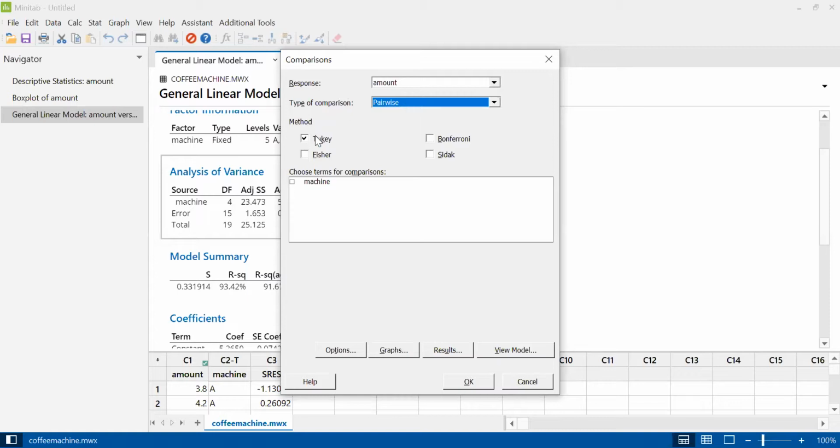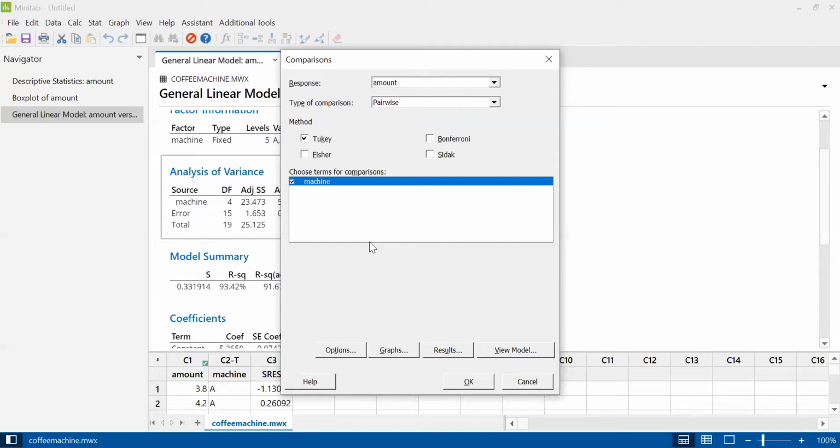My method, we're going to use Tukey's method. That's what we're studying right now, Tukey's method. And then I want to make sure that my factor is in here. So what I'm going to do is I want to check the box. It's in there, and I need to check the box just by clicking on that, saying, okay, that's how we're separating this data out by machine.